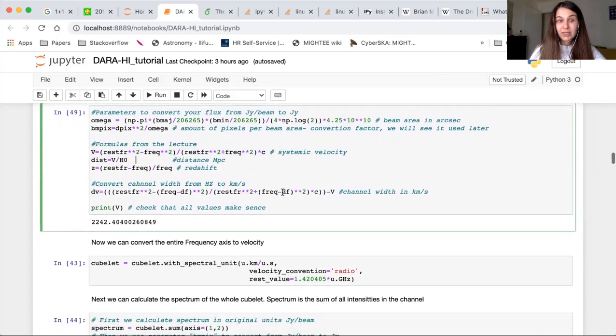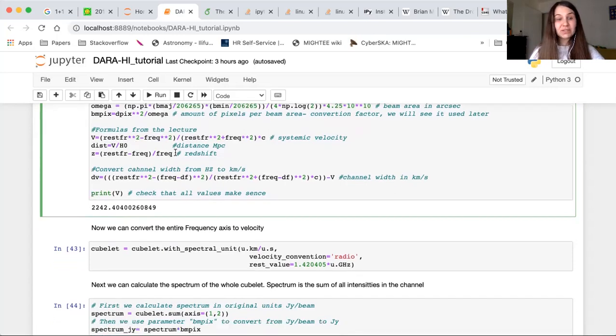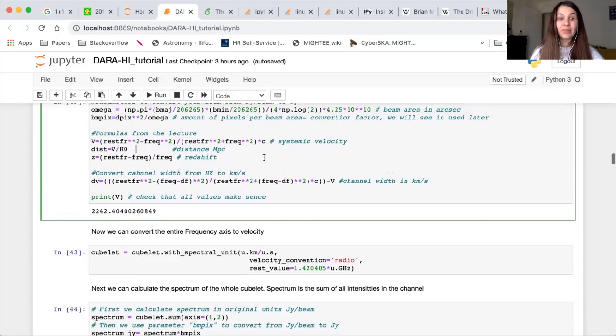Next, we can calculate the distance by dividing this velocity by the Hubble constant, and we will need the distance when we calculate the HI mass of the source. Then we can also calculate the redshift, just to know how far our galaxy is.